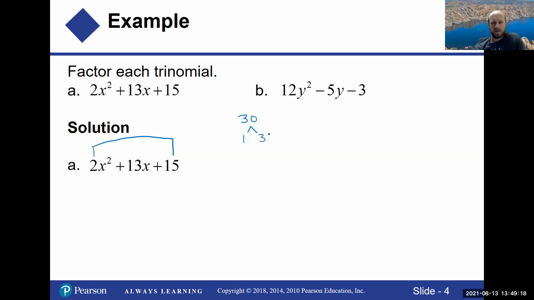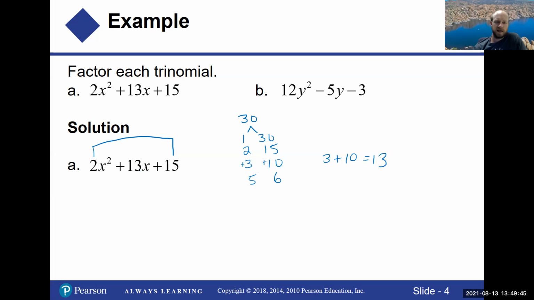So I know my factors of 30 are 1 and 30, 2 and 15, 3 and 10, and 5 and 6. Well, the only pair that add to 13 there are the 3 and the 10, and they both have to be positive. So I would know that 3 plus 10 is equal to 13. And that's what I mean here.